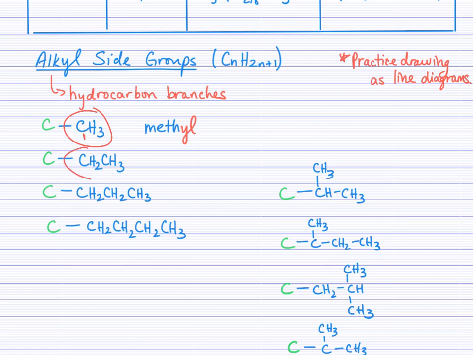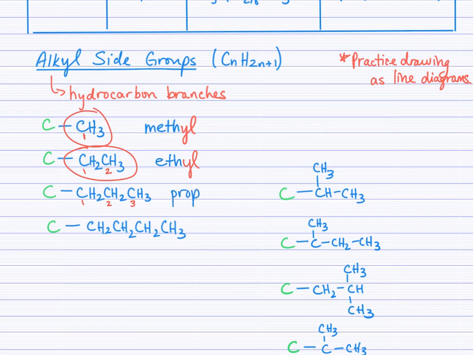So this piece here is the side group, 1, 2. A 2 carbon side group, monkeys eat, ethyl. Okay, what do you think the 3 carbon side group is called? Carbons 1, 2, and 3 attached off the first carbon here.